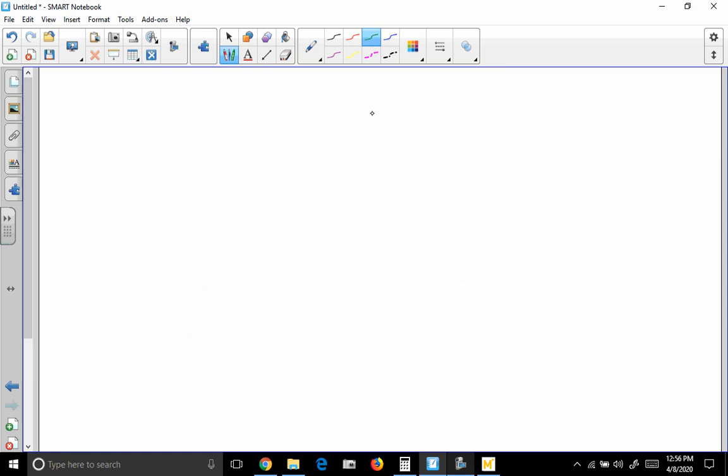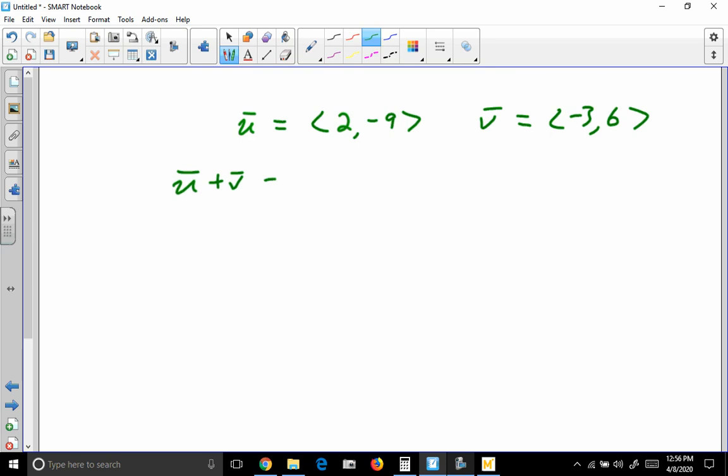All right, let's add two vectors together. Let's suppose that vector u is 2, -9, and vector v is -3, 6. If we want the resultant vector, we just add the x components. So 2 plus -3.